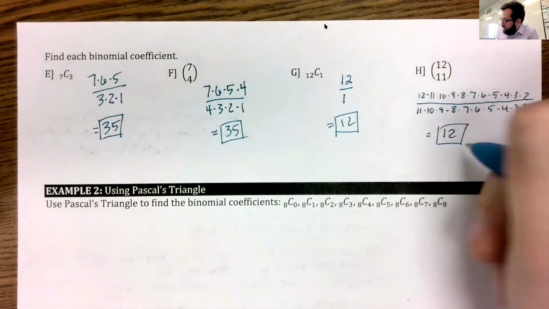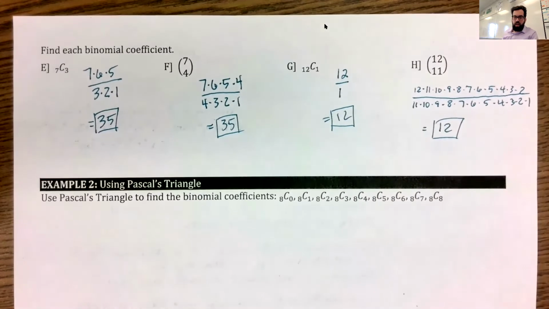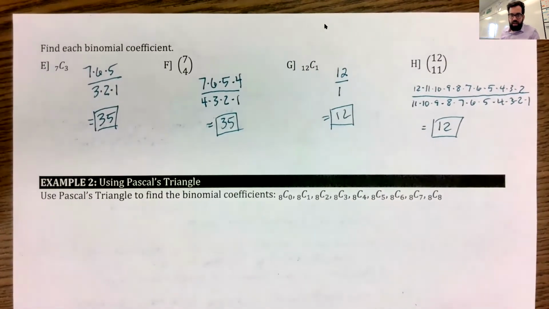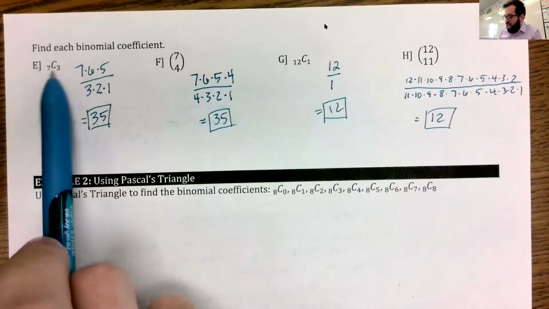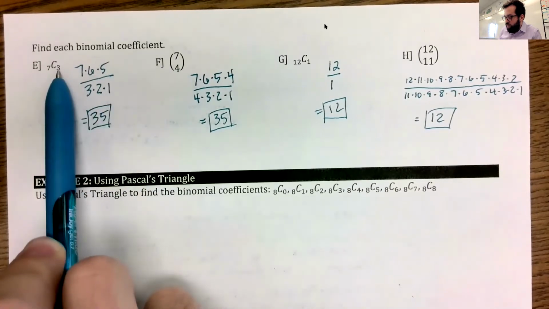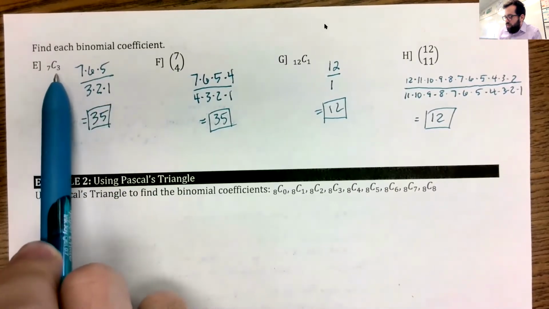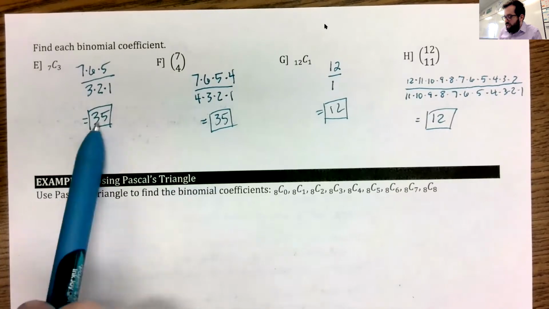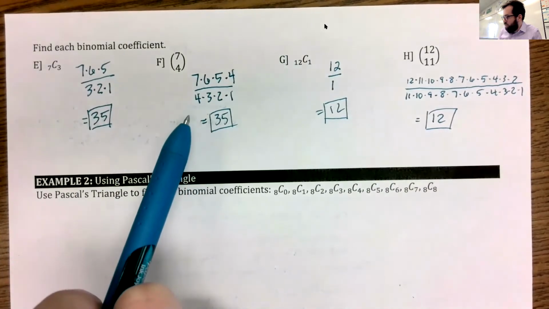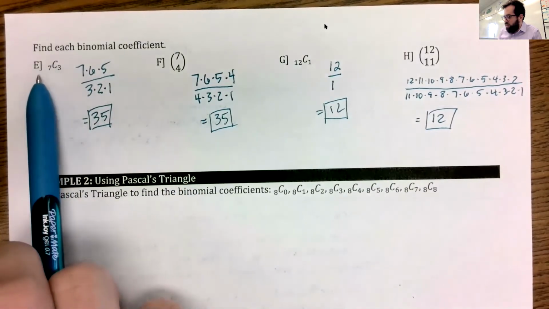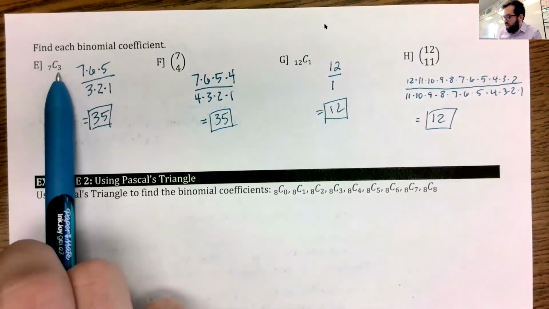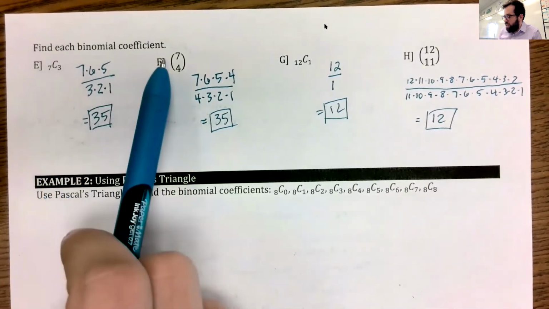All right, so I want you to notice another pattern this time, and that is if the first number, the n, is the same, then there's kind of like a repeat term. It's almost symmetrical.